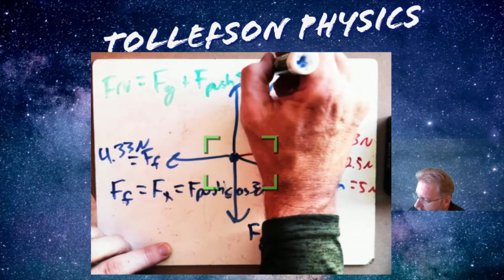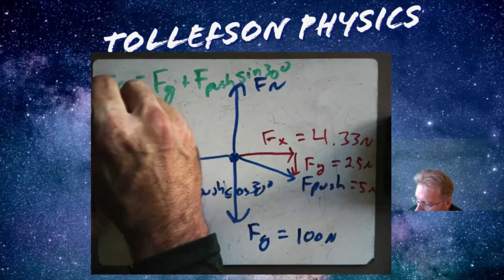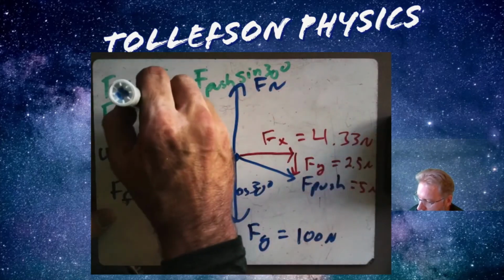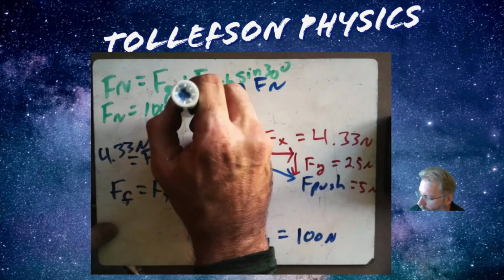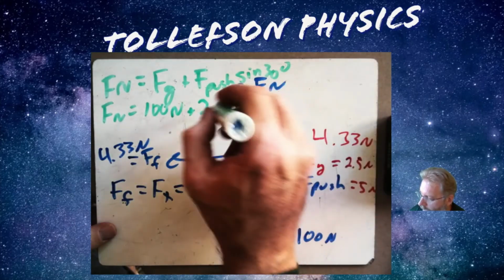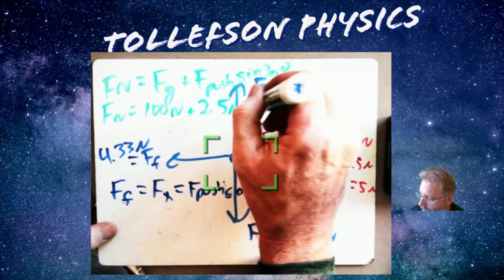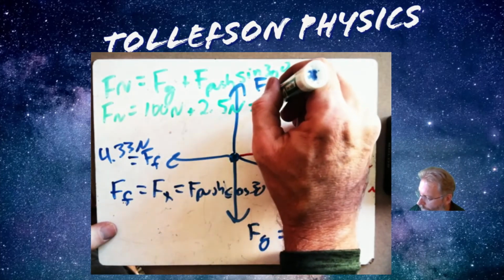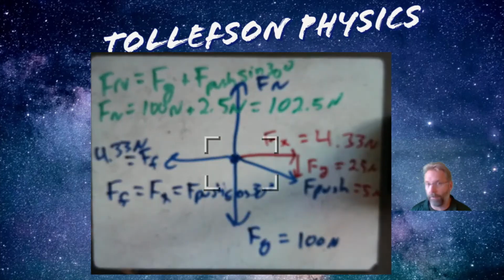And so that was sine 30 in this particular case. So what is the normal force? Well, we know the gravitational force based on the information given is 100 newtons. And we also just calculated that the push force in the downward direction is 2.5 newtons. So that means the normal force is 102.5 newtons.